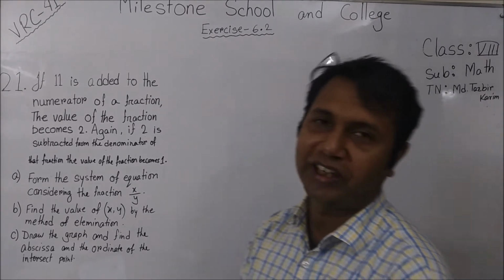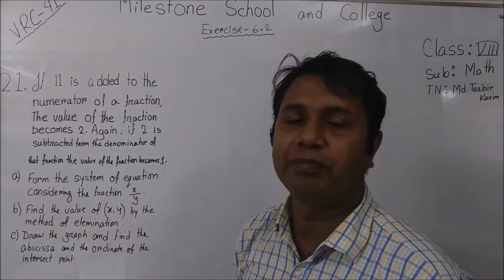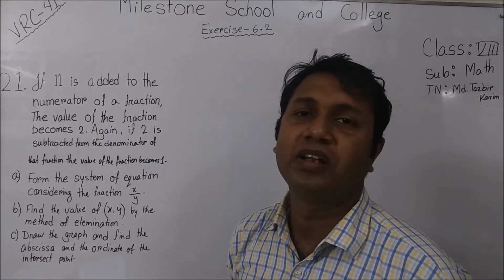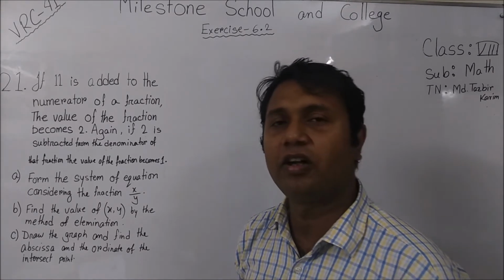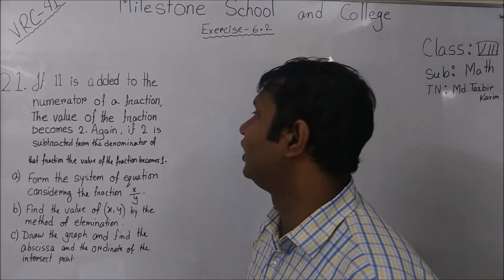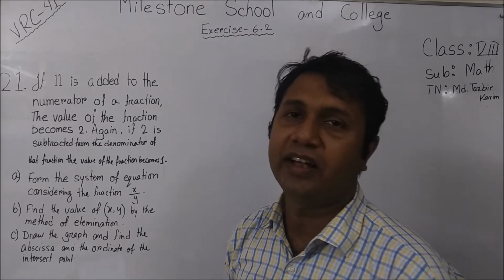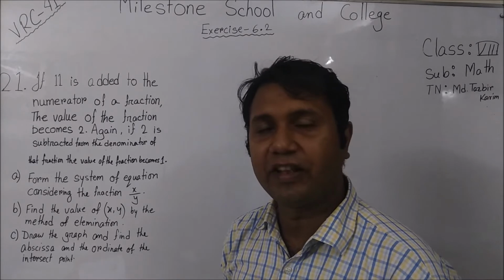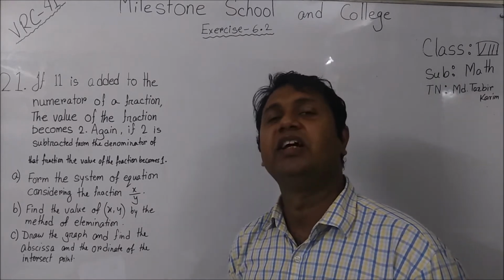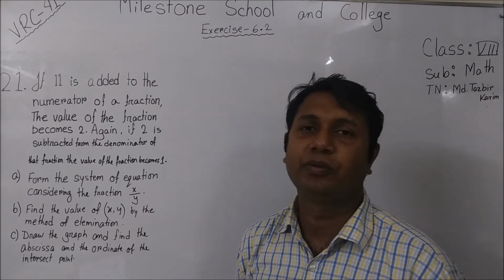So we know what is the denominator and numerator of a fraction. The upper part of a simple fraction is called the numerator, and the lower part is called the denominator. The first condition tells us that we are going to add 11 to the numerator, then x plus 11. If the fraction is x by y, then we add numerator plus 11 by y.